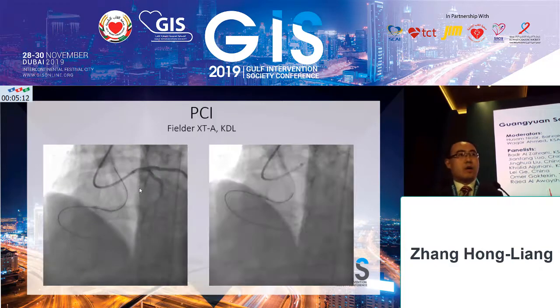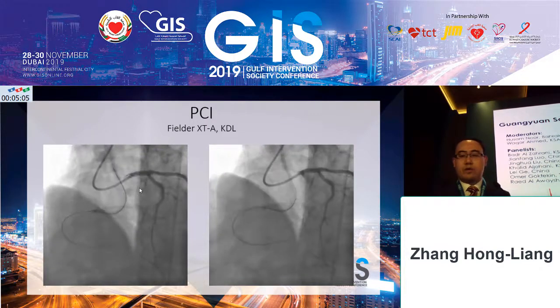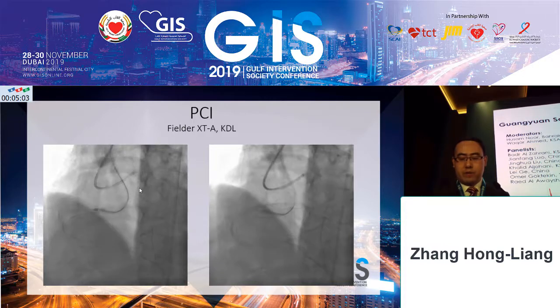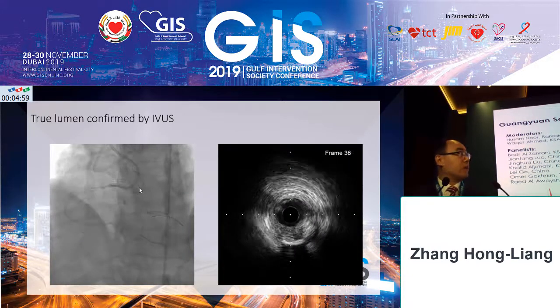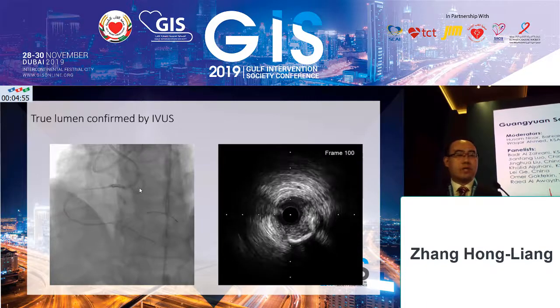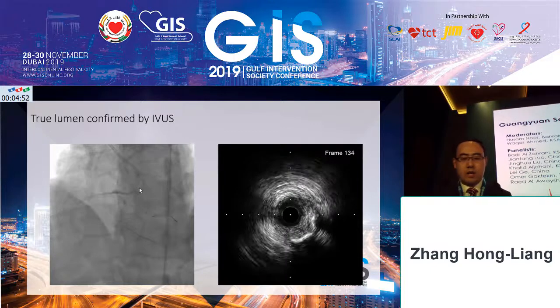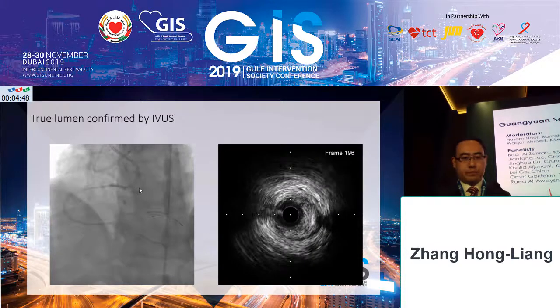Since the PLA is also big and the orifice is severely stenosed, we put another wire into the PLA and dilated it. We did IVUS, and IVUS confirmed that the distal wire is in the true lumen, but unfortunately in the middle section, the wire is in the false lumen.